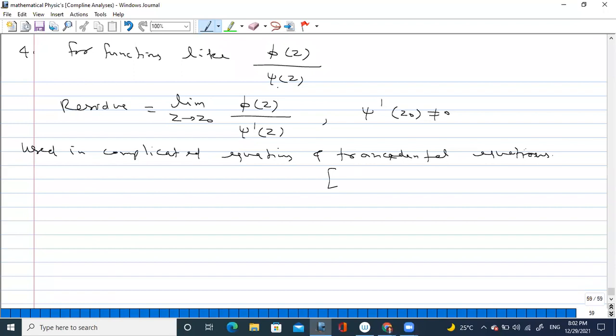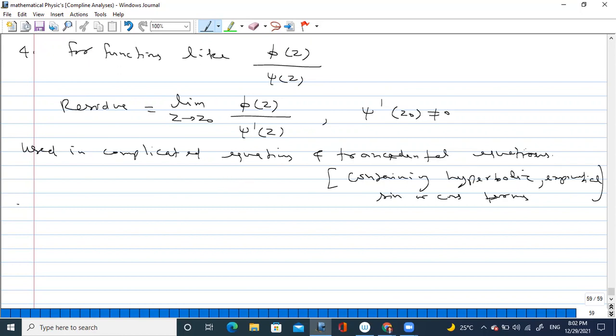If those types of equations are there, that is known as transcendental equations. Containing hyperbolic, exponential, sine or cos terms. So for that type we use this.